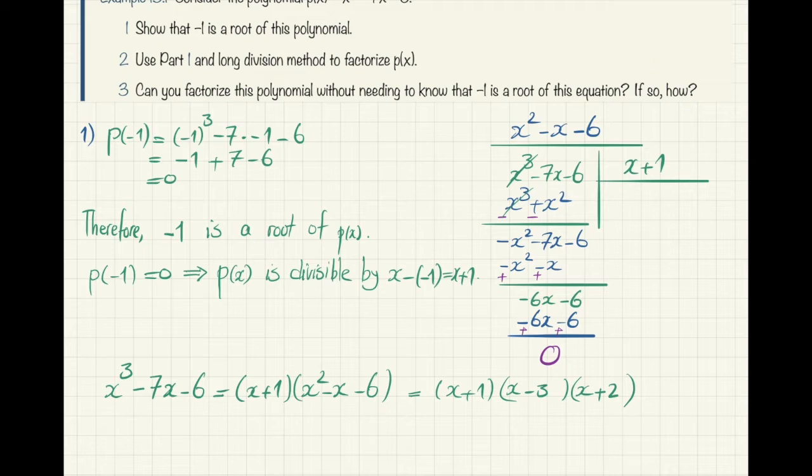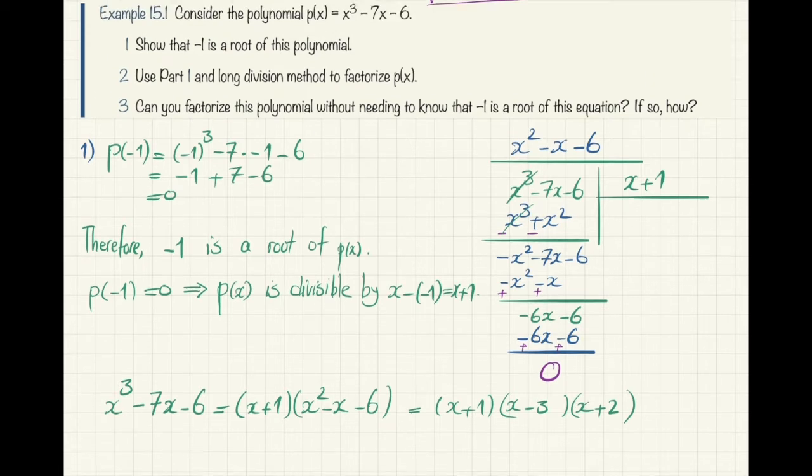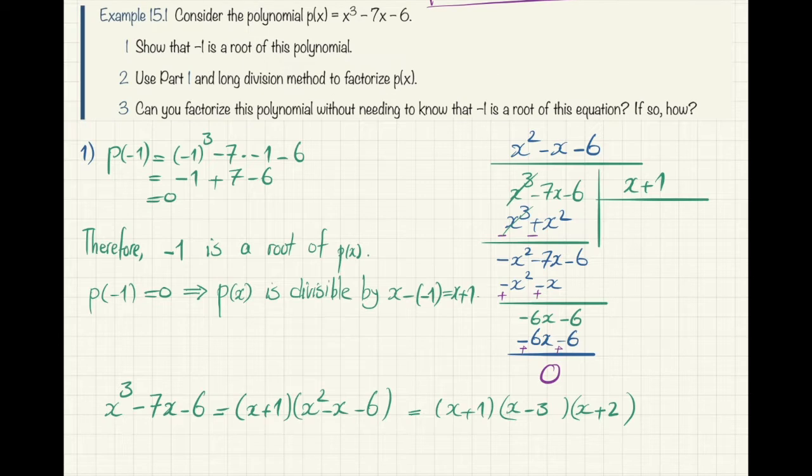Okay, to compare it with what we learned before, this is why I have mentioned the third part for this problem. Can you factorize this polynomial without needing to know that -1 is a root of this equation? If so, how? Of course, this is easy, so we don't need to struggle a lot, but I would say that this is not that trivial.